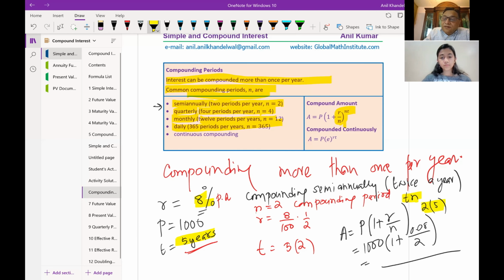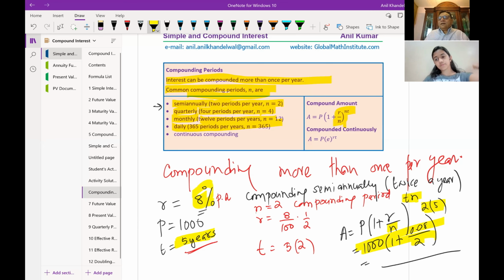As far as the rate of interest is concerned, it is per annum, but you are taking interest after 6 months, so it will be divided by 2. So n is 2, and we'll divide by 2 in this particular case. Use this formula to calculate the amount after 5 years.